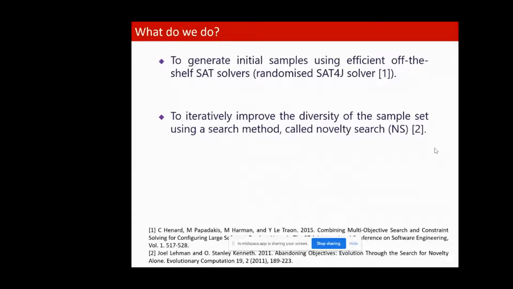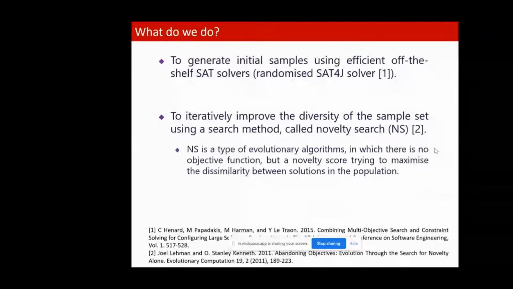Secondly, and more importantly, we use novelty search to iteratively improve the diversity of the sample set. Okay, so what is novelty search? Novelty search is a type of evolutionary algorithm in which there is no objective function, but rather a novelty score trying to maximize the dissimilarity between the solutions in the population.